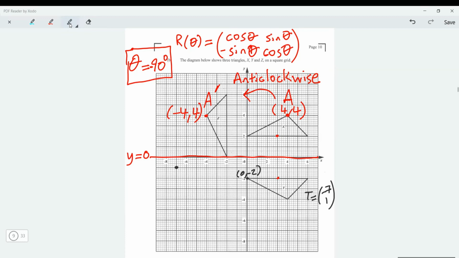Now this point right here, which looks like 6, -2, 7 units to the left. 1, 2, 3, 4, 5, 6, 7. And then 1 unit up is right here. Then this point right here now, which is 4, -4, we're going 7 units to the left. 1, 2, 3, 4, 5, 6, 7.